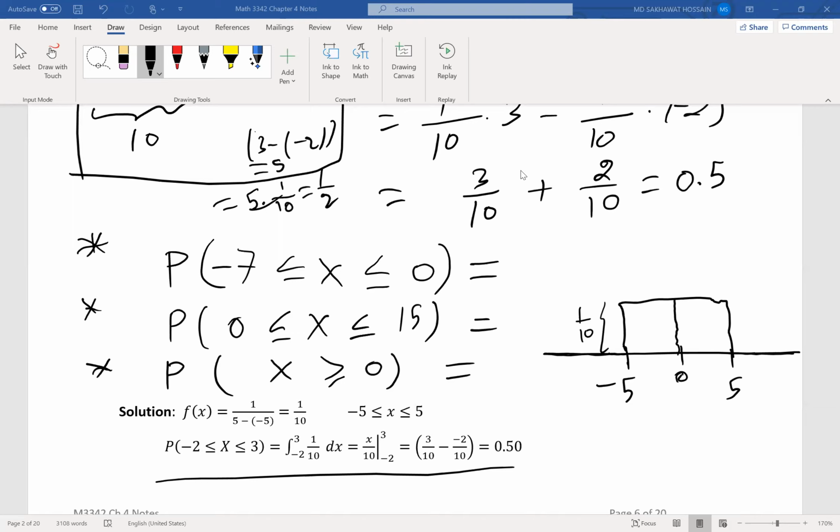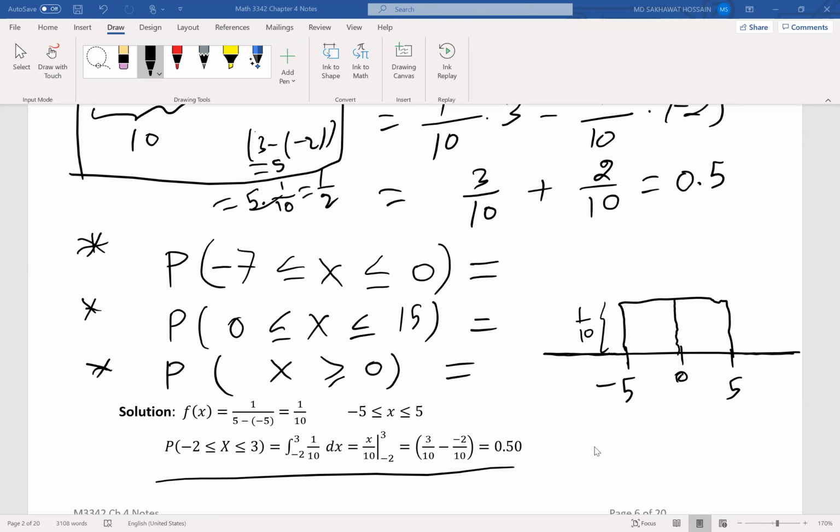Yes, you're right. For a uniform distribution, a is the lower limit and b is the larger limit. For the other values of x, the function is 0. The function is only defined for a to b.